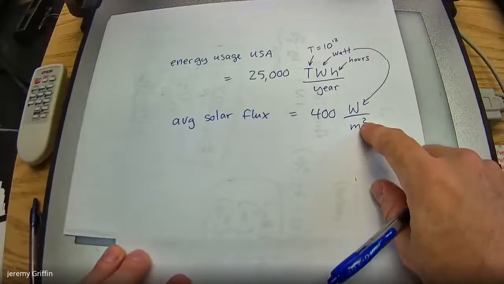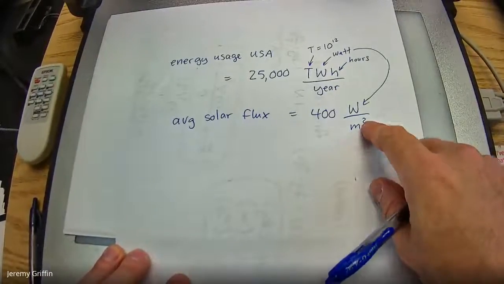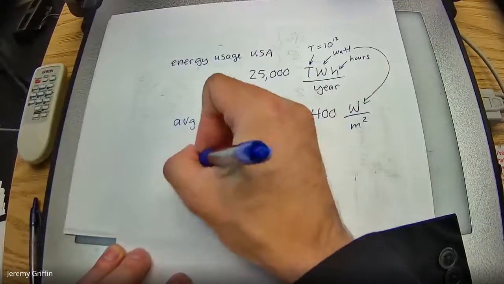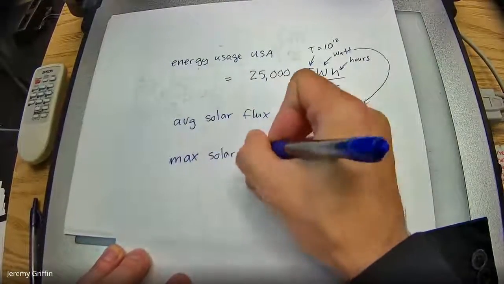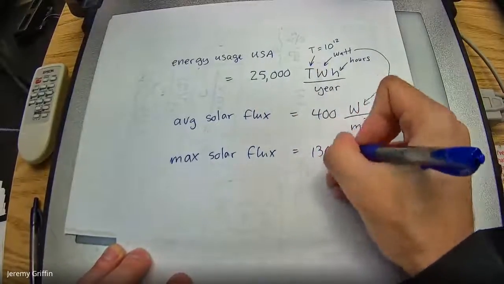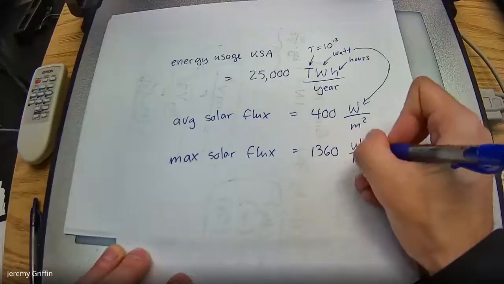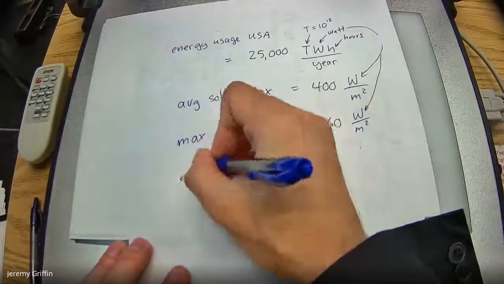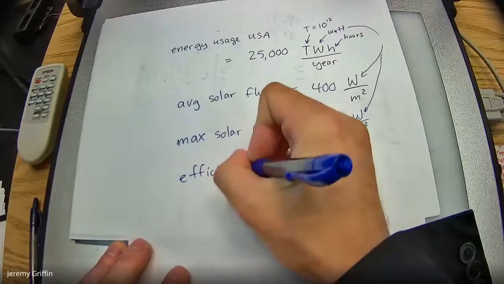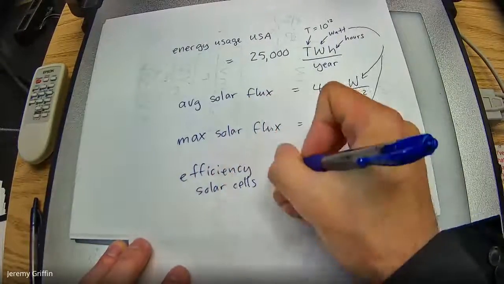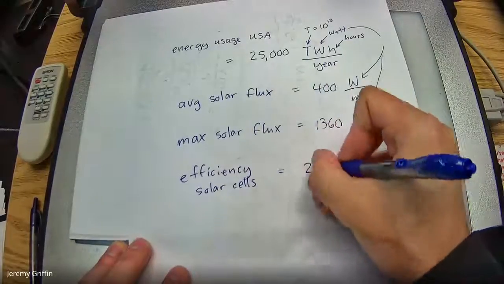And I'll even give you max solar flux. Max solar flux is 1360 watts per square meter. And the efficiency of solar cells is 20%.